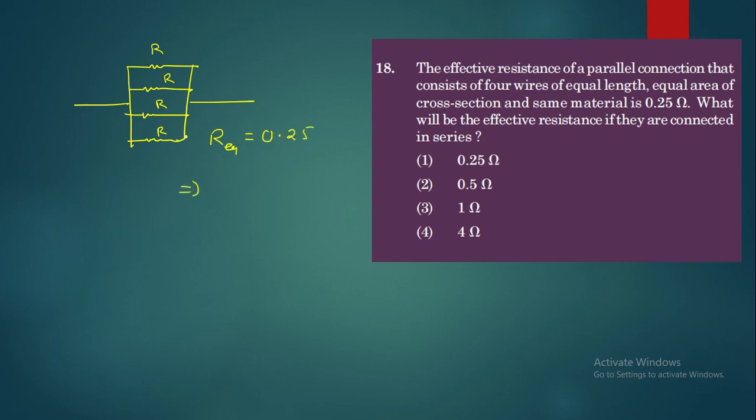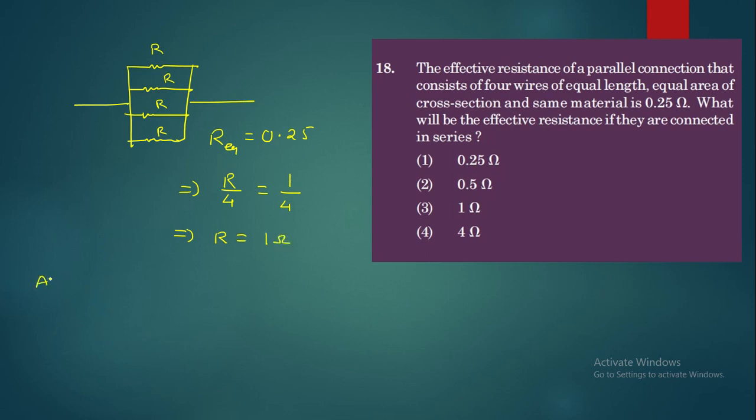Since all of them have equal values, the effective resistance will be equal to R by 4, and this 0.25 is nothing but 1 by 4. So the resistance of each wire is 1 ohm.